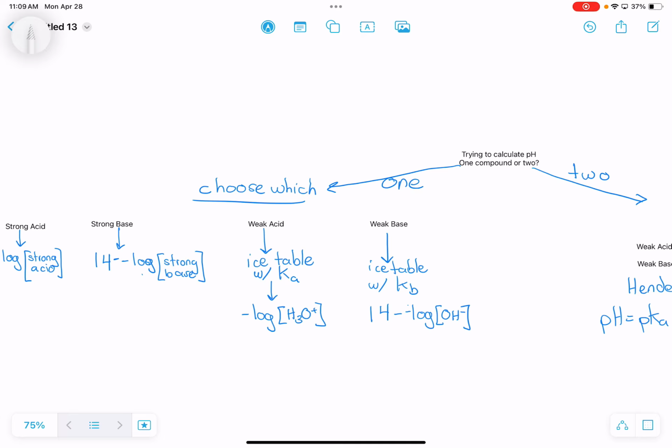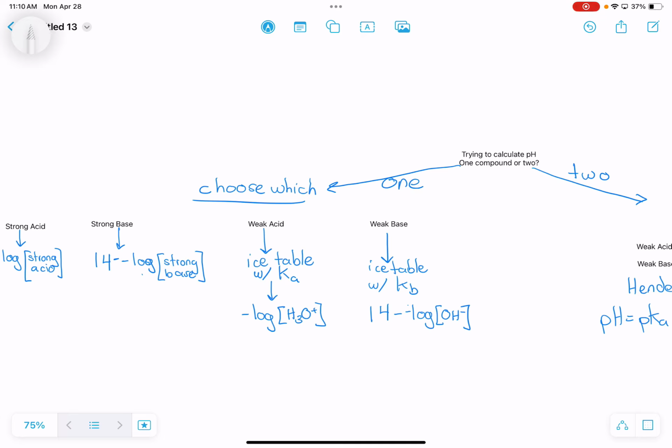If it's a strong base, it's really similar, but now that's OH minus. So you can take the negative log of, let's say it's 0.15 NaOH, the 0.15. That just gives you pOH, so you have to subtract it from 14. I'm going to put in there what calculation I would typically use, but there are other ones.